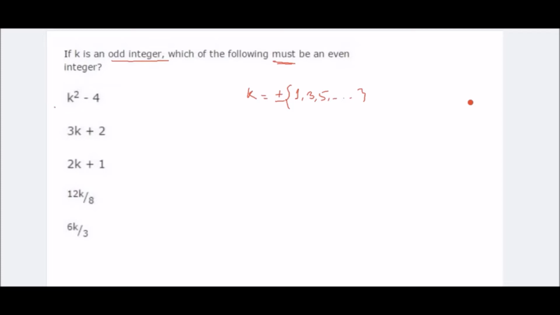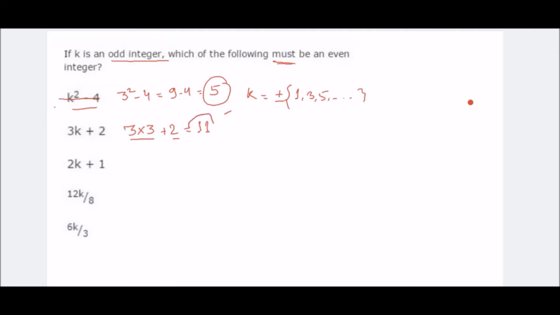Let's consider k equal to 3. So 3 squared minus 4 will be 9 minus 4, equal to 5. That is odd, so this is not our valid choice. Now for the next choice, 3 times k, with k as 3, plus 2, that will become 9 plus 2, equal to 11.